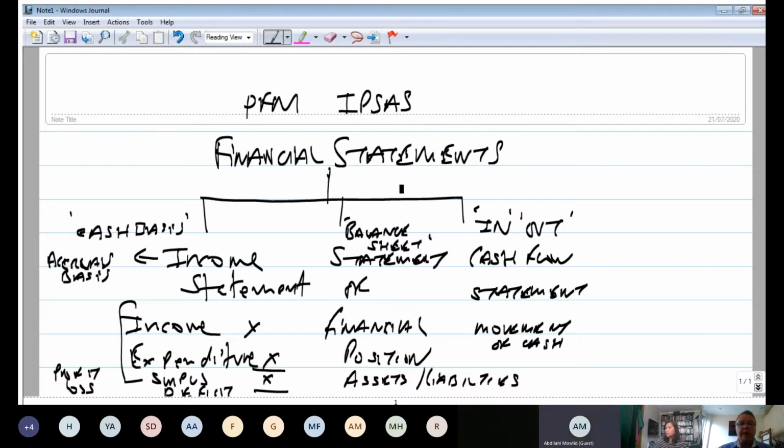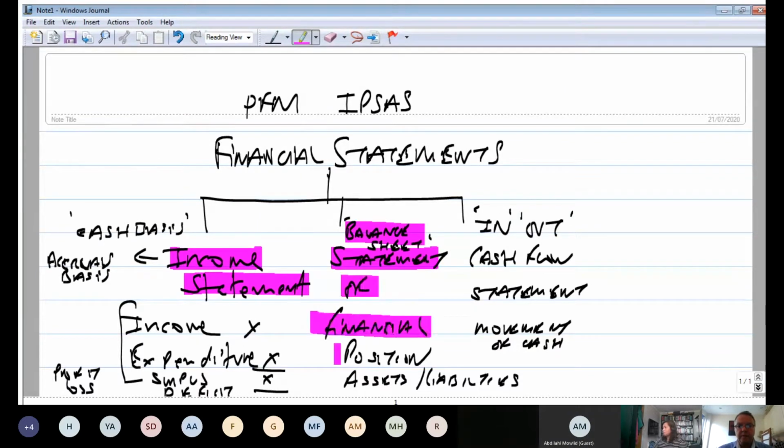But ultimately you'll be moving from where you are at the moment to producing these statements here. And that's how your ultimate standards will follow, adopting these.